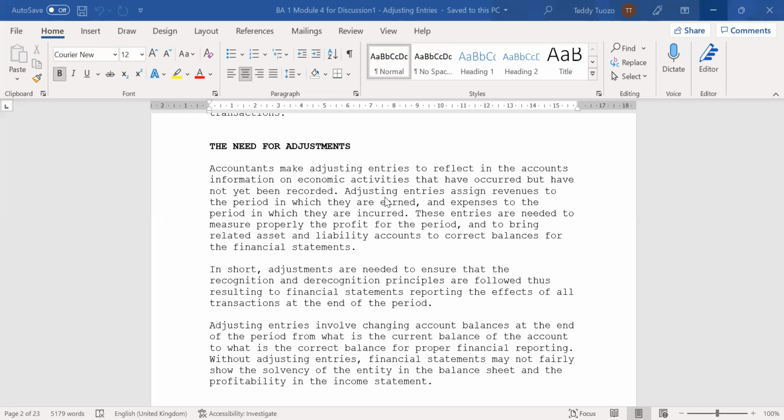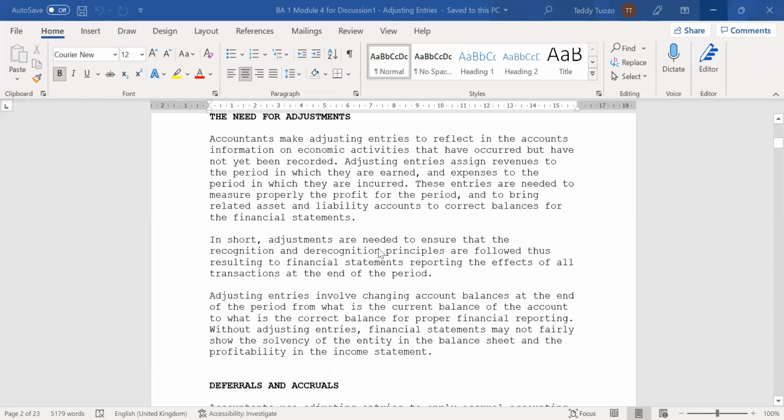In short, adjustments are needed to ensure that the recognition and derecognition principles are followed, thus resulting in financial statements reporting the effects of all transactions at the end of the period.